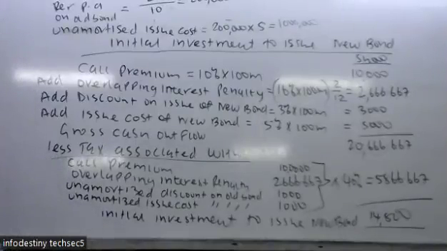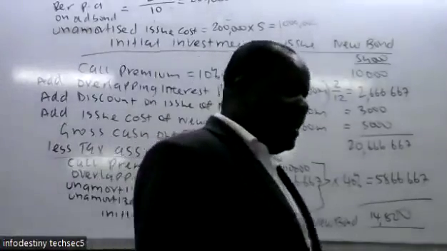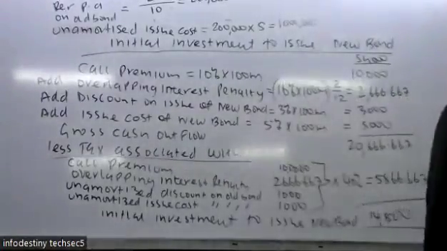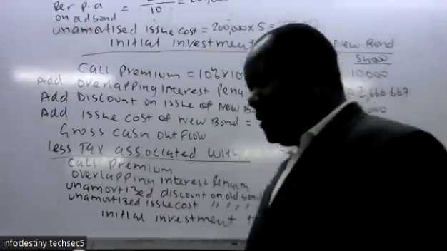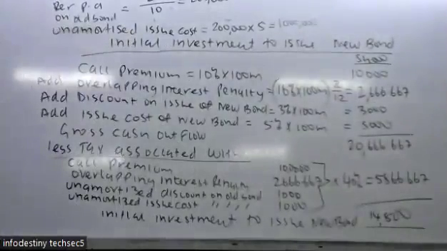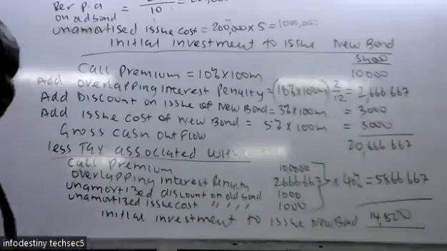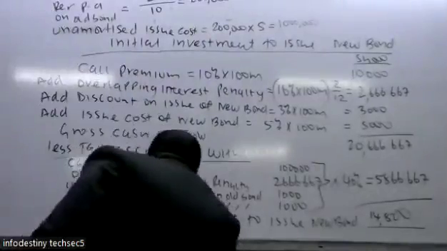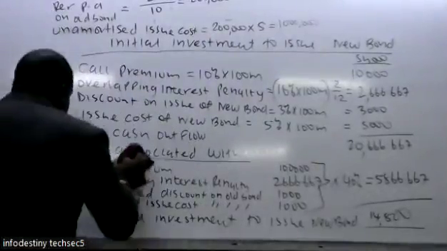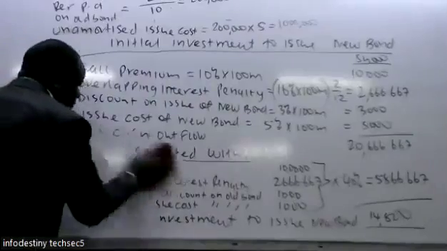So now we go to the Roman letter 2. Roman letter 2, they were asking you to calculate annual cash flows or savings, if any, expected from the bond refinancing decision.